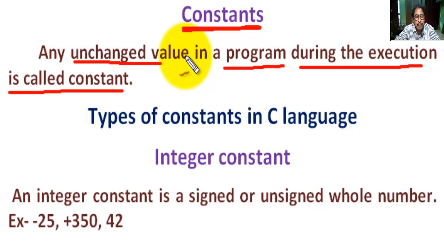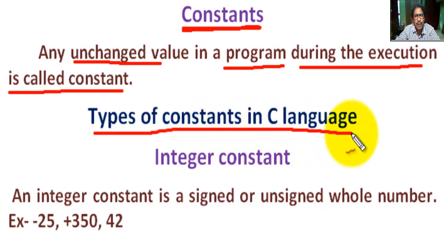The constant value is locked for the duration of the program. Okay. Now, types of constant in C language.